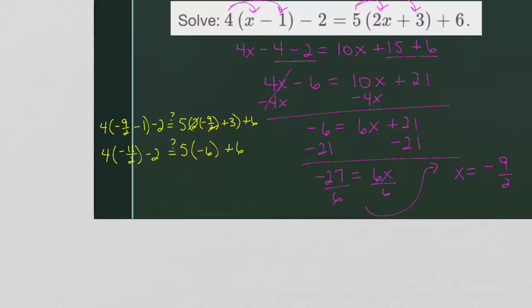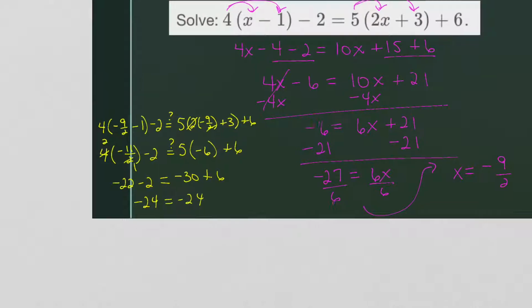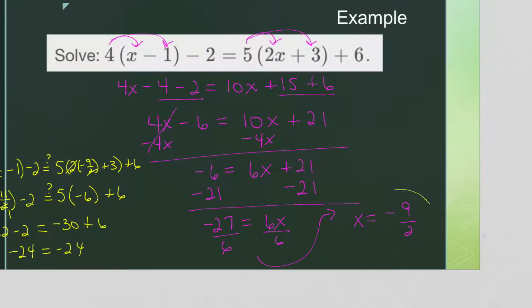So let's see here. 4 times negative 11 halves. There's that, there's that. So I get negative 22 minus 2. Does that equal negative 30 plus 6? That's negative 24. Oh, look at that. That's negative 24. So I feel pretty good about this answer.